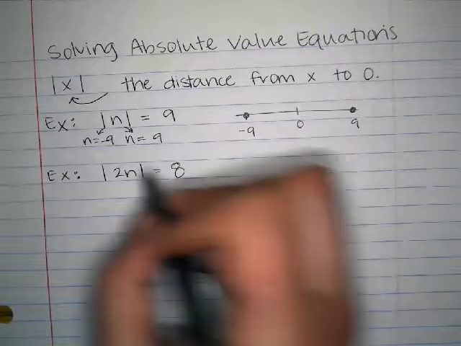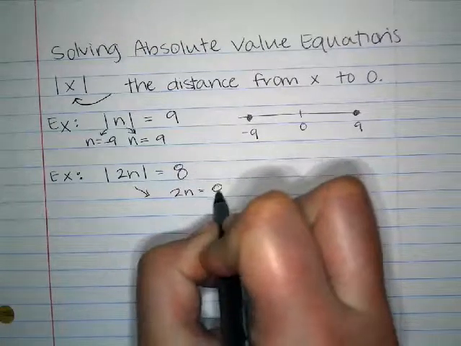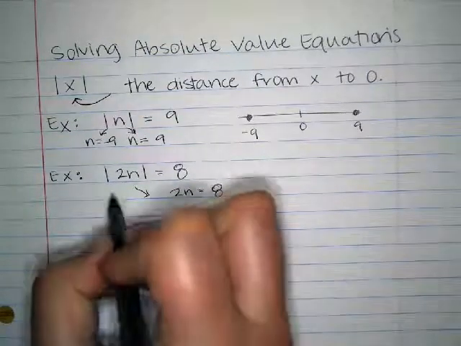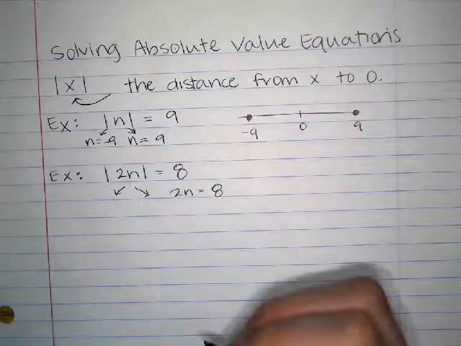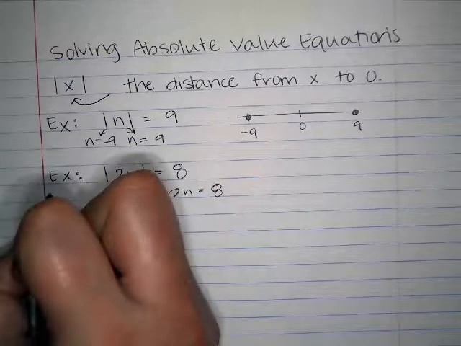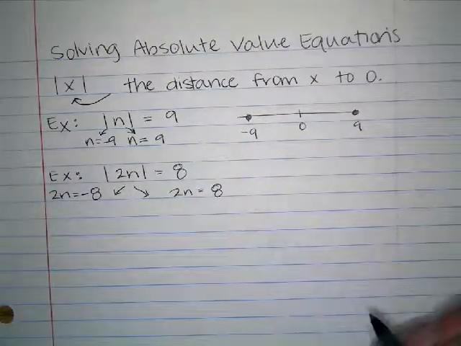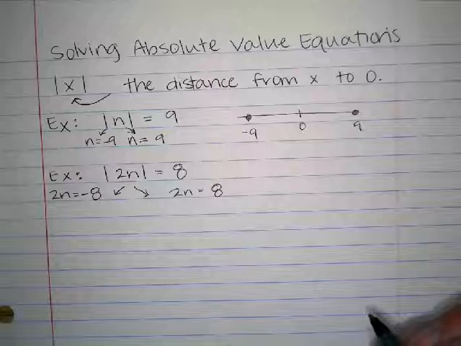So we could be solving the equation 2n equals positive 8, or we could think of this like we went out of our driveway and went to the left. And we could think of this as 2n equals negative 8. We could have the negative version.